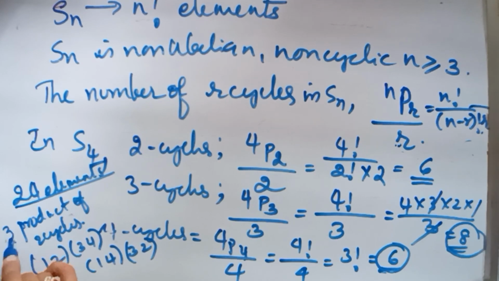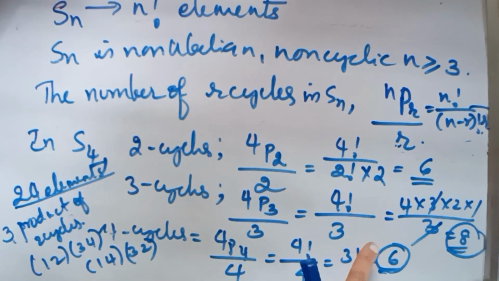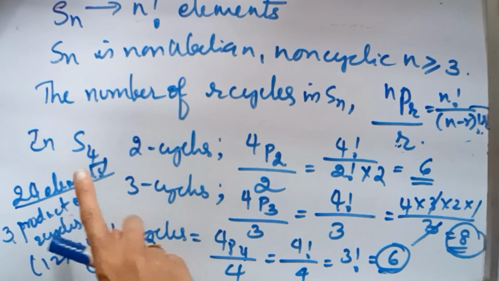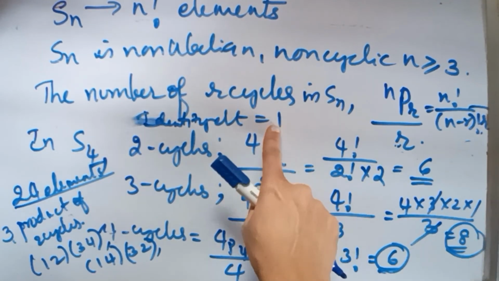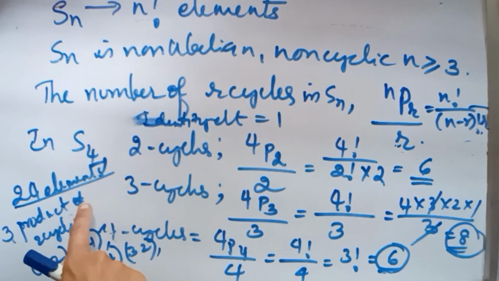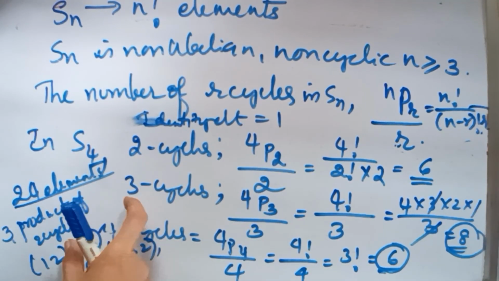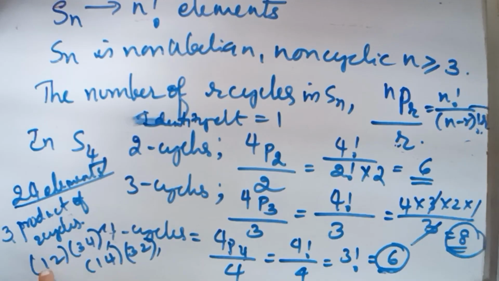One is the identity element, so 20 plus 1, 21 elements. What are the remaining 3 elements? They are products of 2-cycles like this: (1 2)(3 4), (1 4)(3 2), and one more you can add: (1 3)(2 4). No other possibilities. So all together this forms S4.